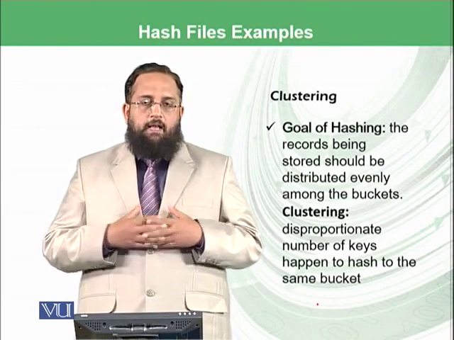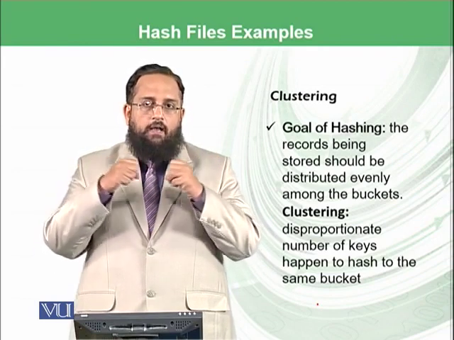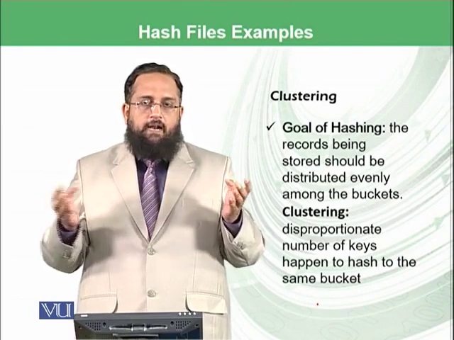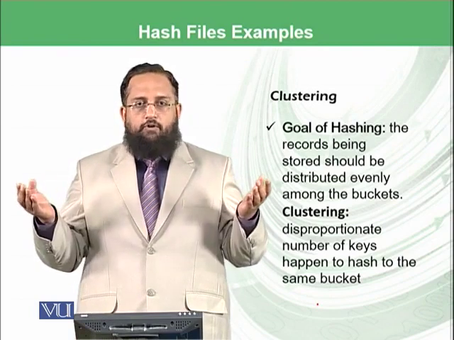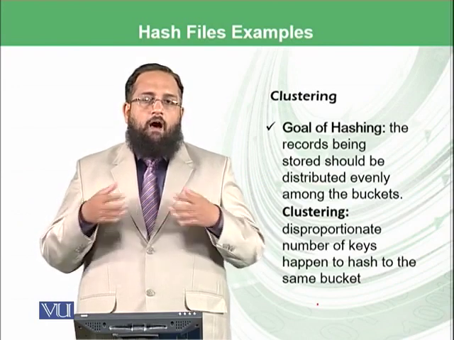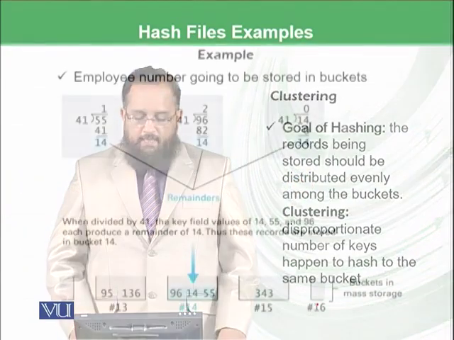So most of the records come to one particular bucket. As we have seen, if all of the remainders are 2, then the second bucket will be overloaded and all other buckets will be empty. Such a concept is known as clustering.